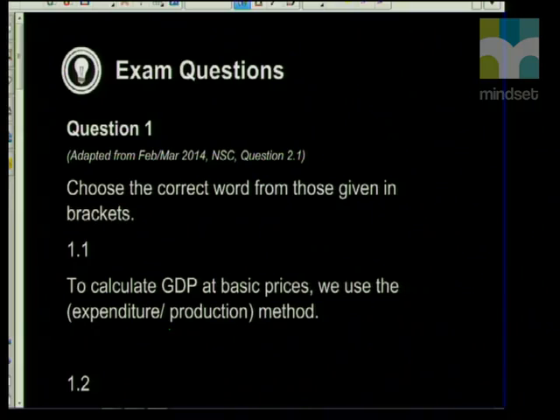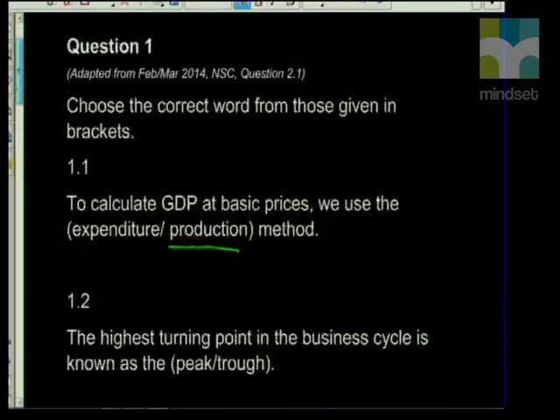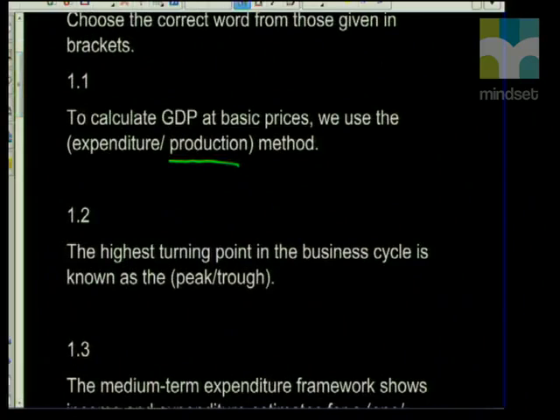I'm hoping, I know that people are saying production method. Yes, production method is correct. Whilst we are going through it, the answer will be on the next page.